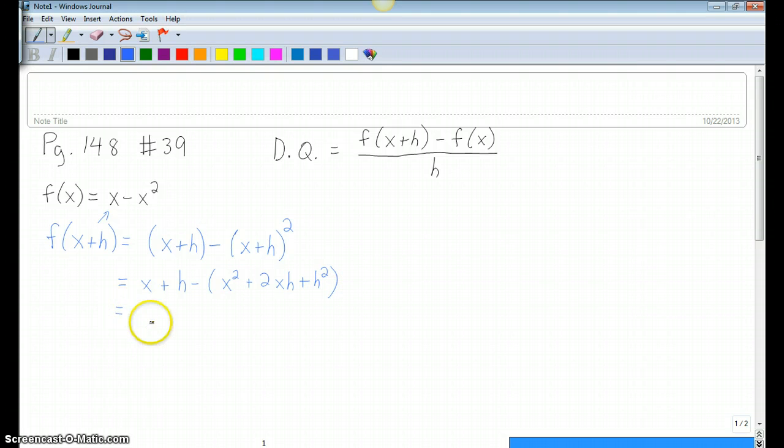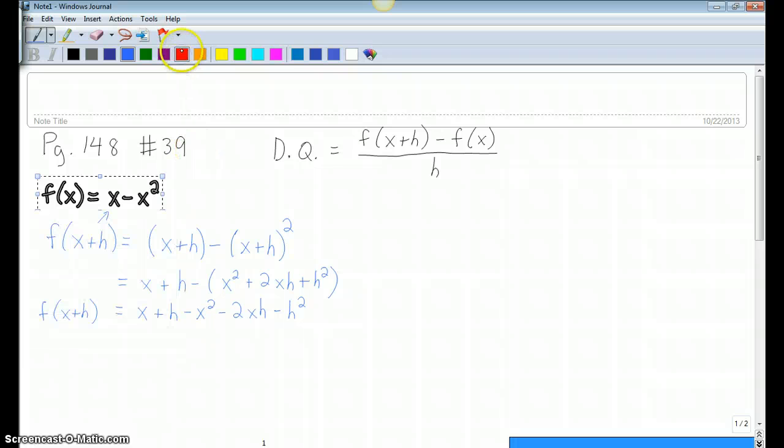And we don't want any parentheses, so x plus h minus x squared minus 2xh, we're just distributing this minus sign here, minus h squared. So we now have f of x plus h defined. Now I'm going to color code that to be red.